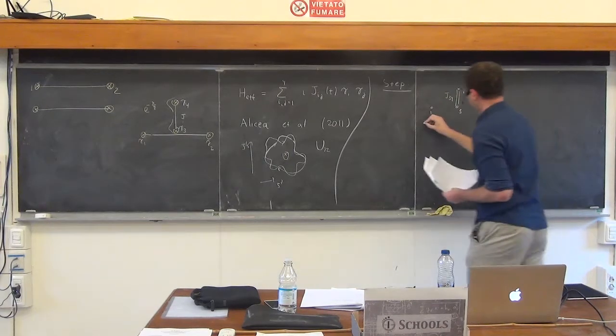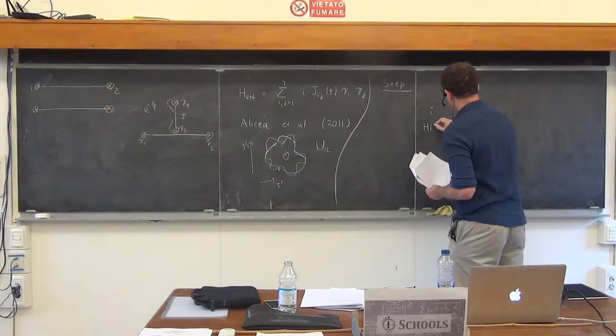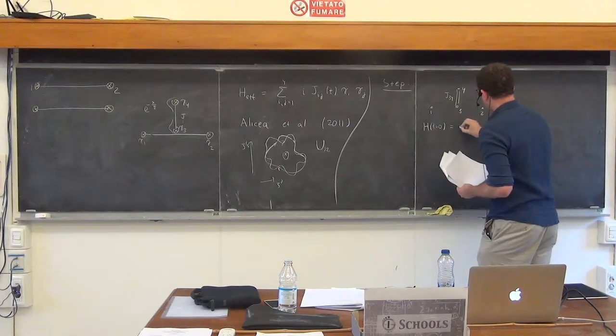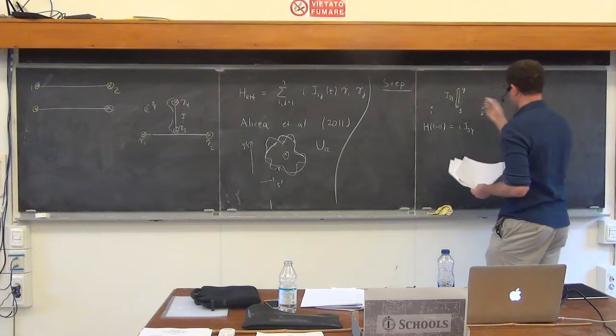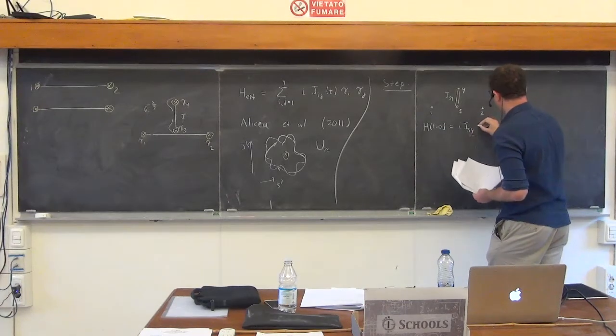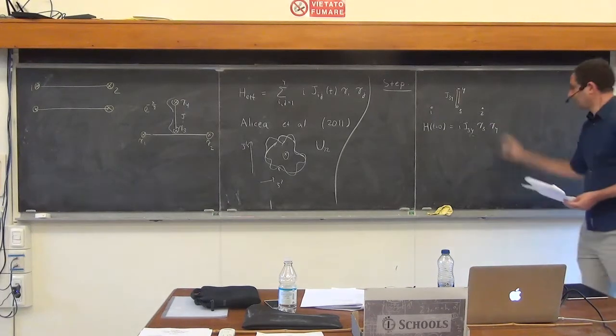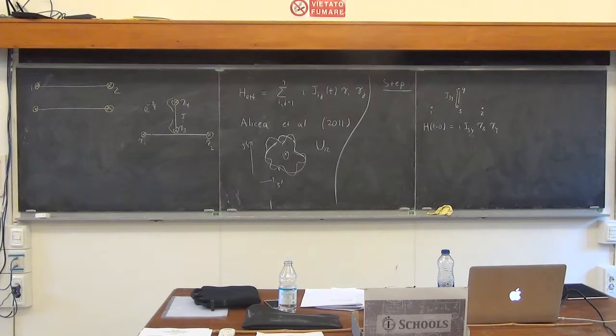So my H initial, H of time equals 0, is just i J_34, say positive, it doesn't really matter, gamma 3 gamma 4. Okay, so I have a finite Hilbert space here. I have 4 Majorana zero modes.